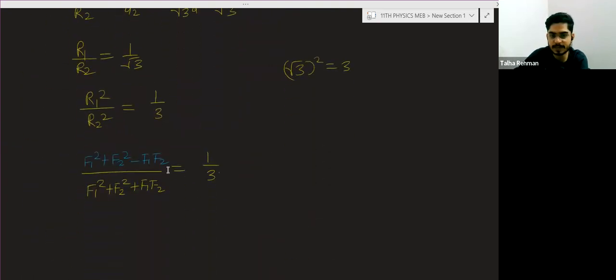Now we will cross multiply. So this will become 3 F1 square plus 3 F2 square plus 3 F1 into F2 is equal to, now multiply 1 with this. Earlier you multiplied this 3 with this. So this will become F1 square plus F2 square plus F1 F2.